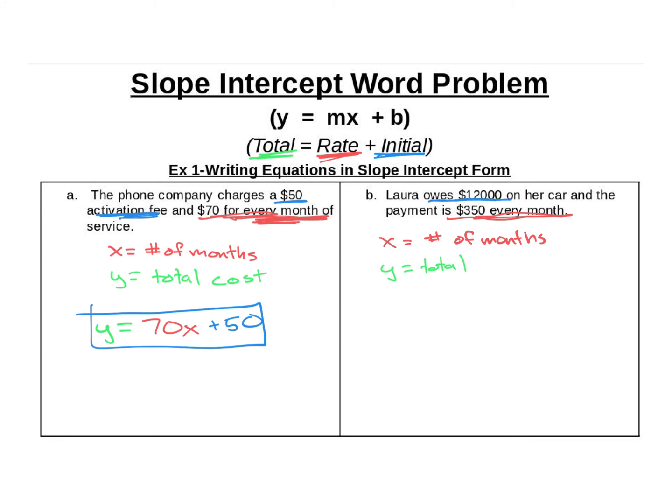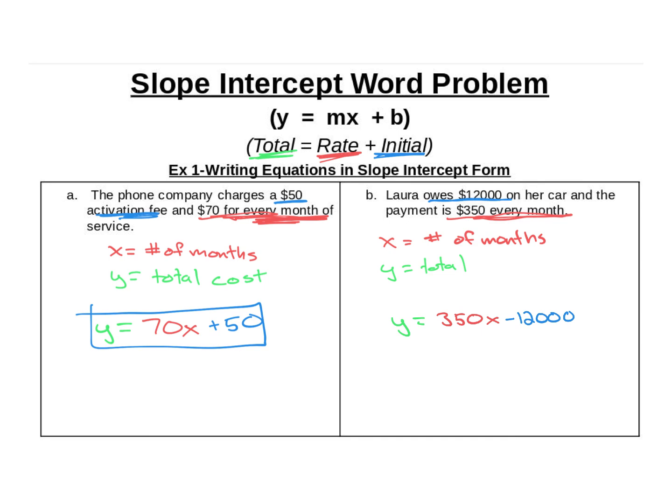So when we start looking at this relationship between owing money and paying money, the one thing that stays consistent is your Y is going to equal some type of total. Now, depending on how we write the rest of this, say we're going to pay money back, so we're paying a positive 350X, that's going to be assuming that our owed money was initially the 12,000.